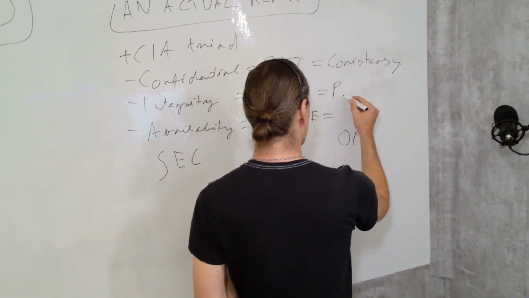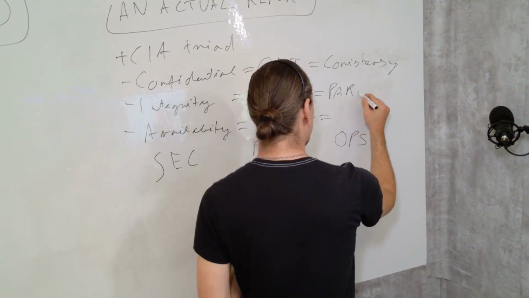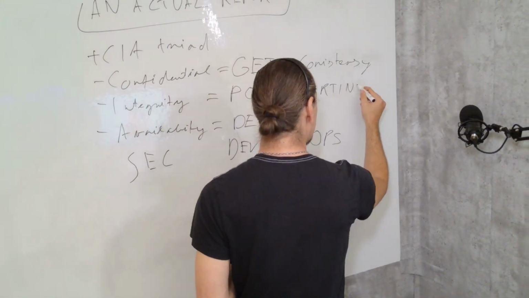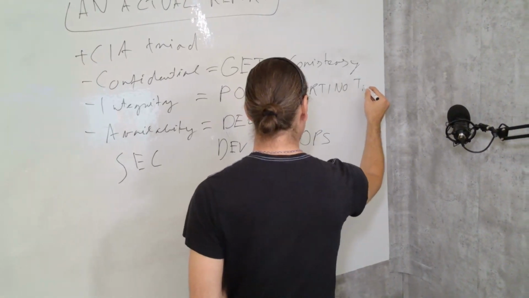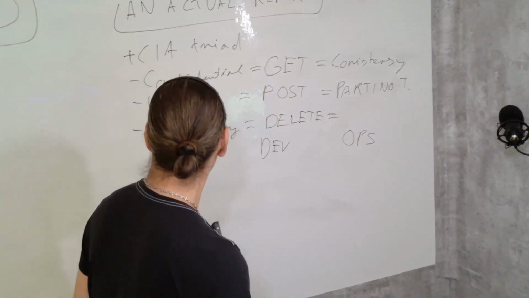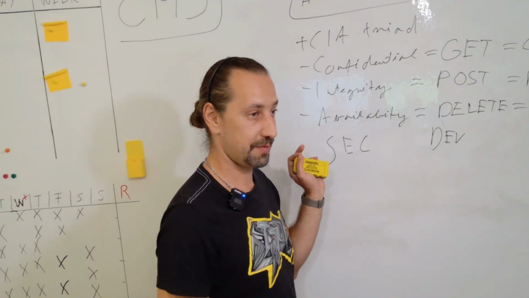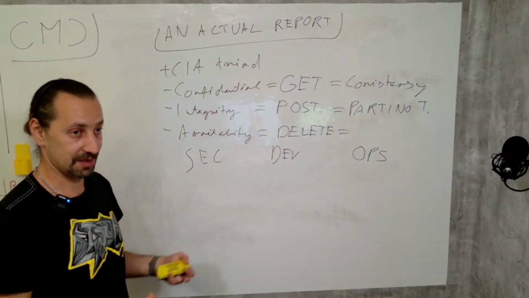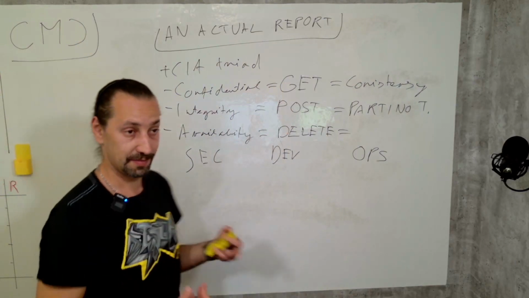Then partition tolerance: if a server goes down, the data is still available somehow.